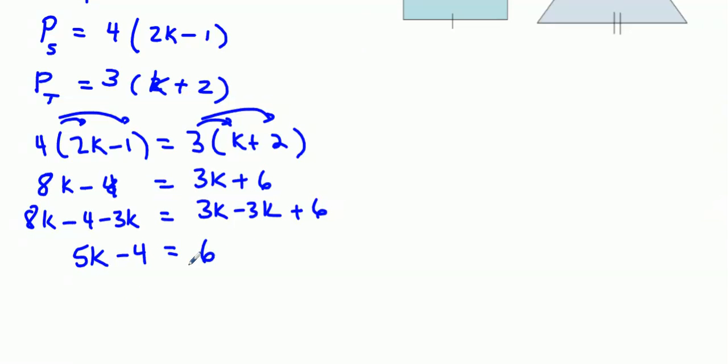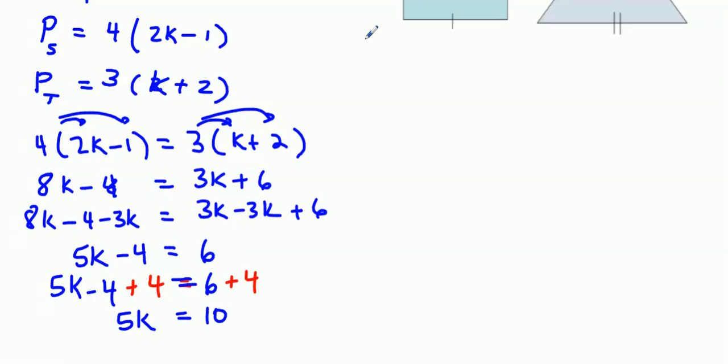So now I need to get rid of that minus 4 on that side. So I am going to add 4 to both sides. So this is 5k minus 4 plus 4 equals 6 plus 4. All right, so what do we end up with? This is going to be 5k equals 10, and of course, k equals 2.